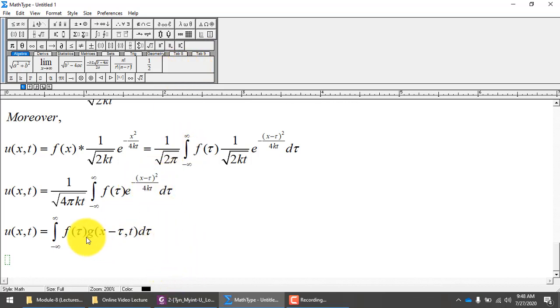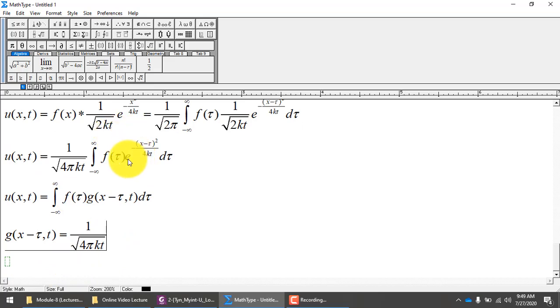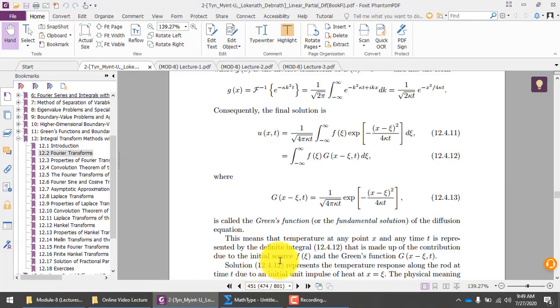So what is g actually? Because we have changed the variables, g is actually equal to 1 over 4k, this coefficient, and e to the power of this thing. Look in the book, so this is actually g.